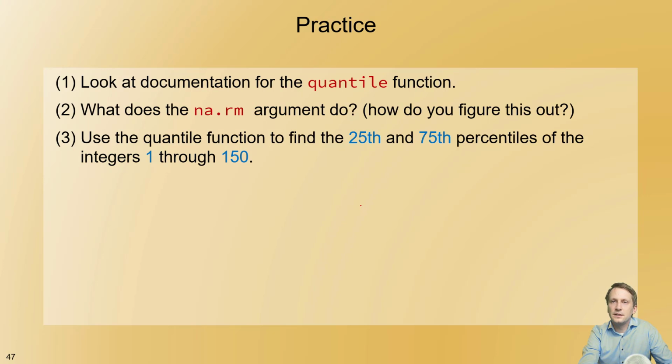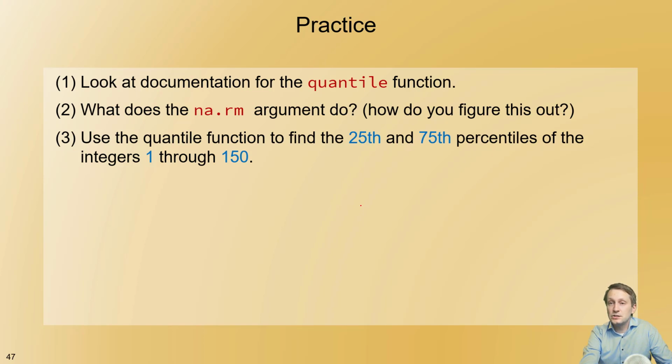Okay, now practice again. Look at the documentation for the quantile function. Find out what the quantile function is about. Then find out what the na.rm argument does. Right? What does it do? And also think about how you actually find that out. Once you figured that out, use the quantile function to find the 25th and 75th percentile of the integers 1 through 150.